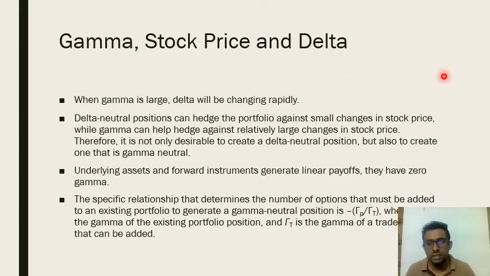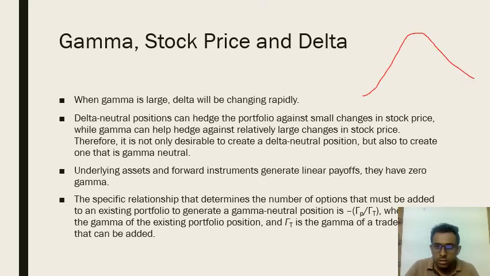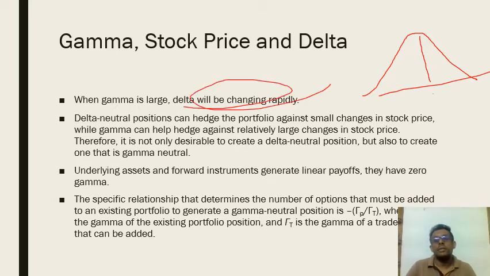It is a normal distribution graph, and if you see the change, if the gamma is large, then the delta will be changing rapidly, since gamma denotes a change in delta. If gamma is large, delta will be changing rapidly, and when gamma is small, delta changes slowly.